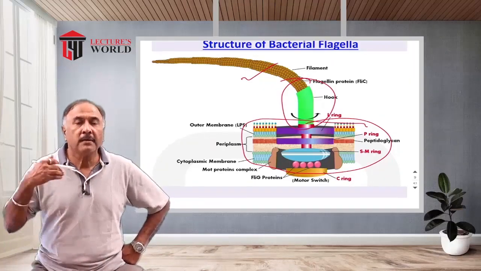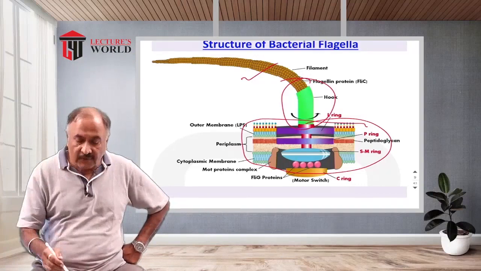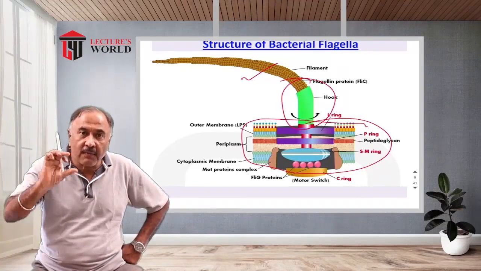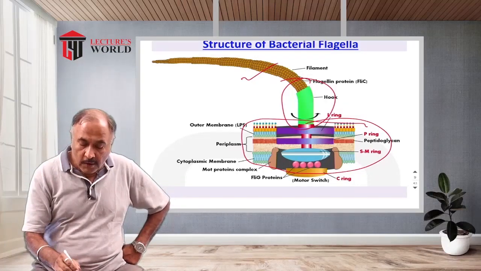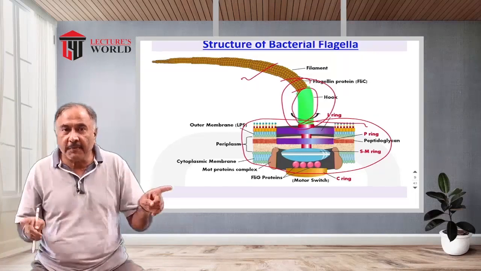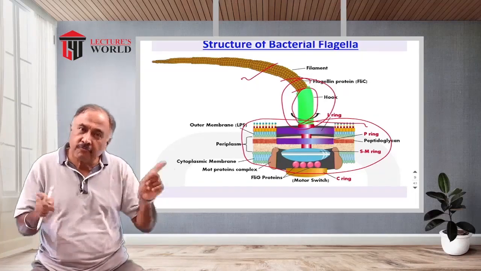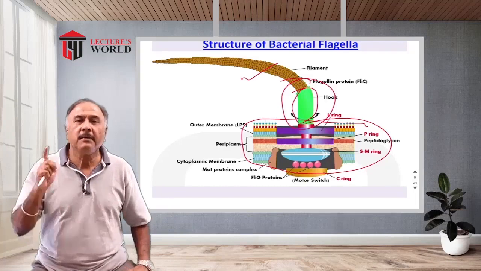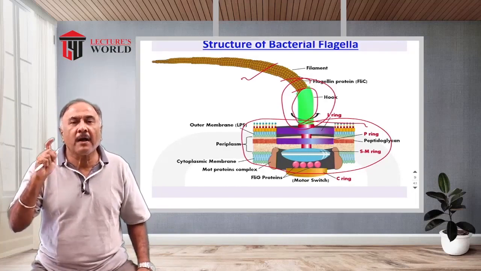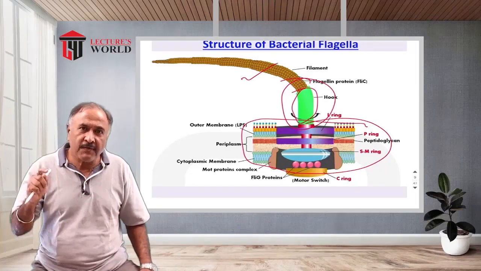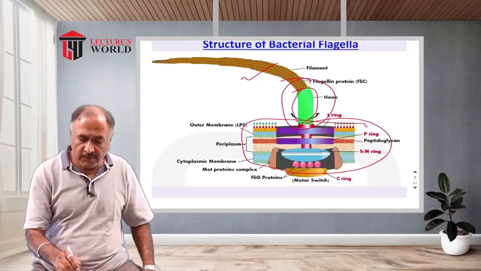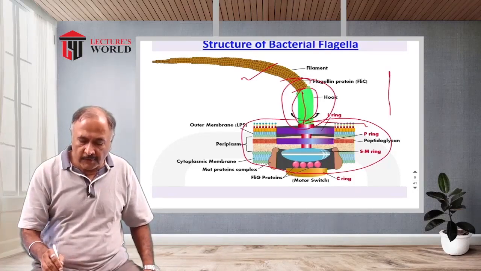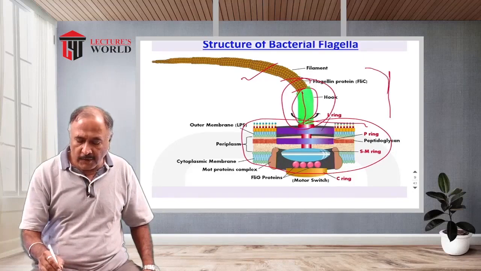The basal body is embedded in the cell wall. The hook is a portion which connects the basal body and the filament. It is slightly crescent shaped, that is slightly curved, as you can see here. It is not straight like this, but slightly curved in this way.